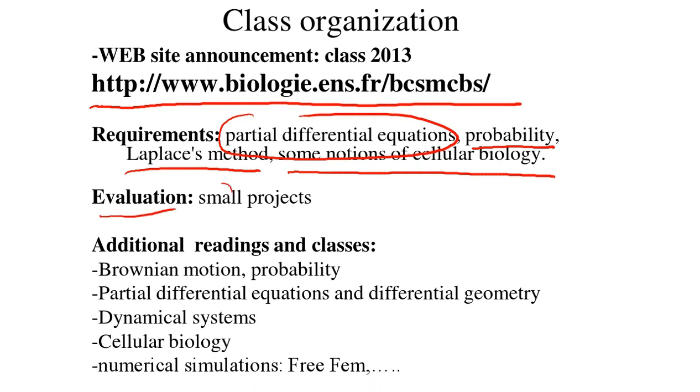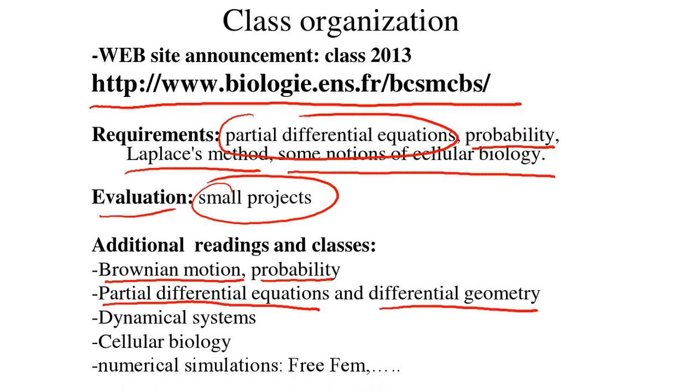The evaluation will be a small project. Additional reading for the class includes the construction, for example, of Brownian motion, some idea of the theory of probability, and some notion of partial differential equations and differential geometry.